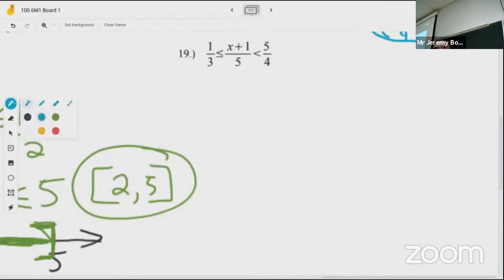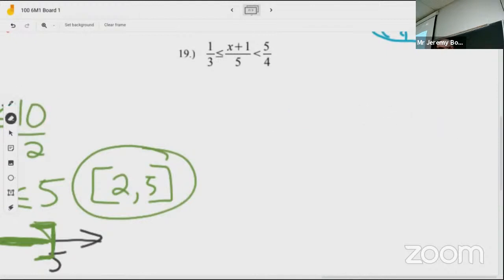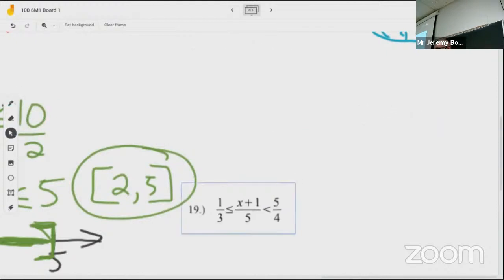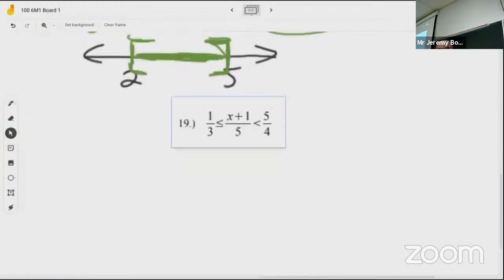And so we're going to multiply all our parts by 60. Not the greatest one, but it worked. Oh, I'm going to run over one. Let me move this down and work it over here.